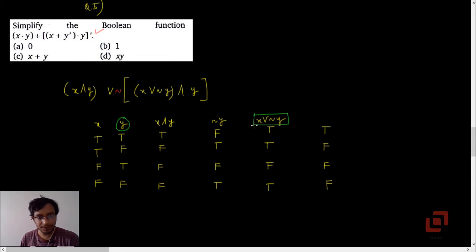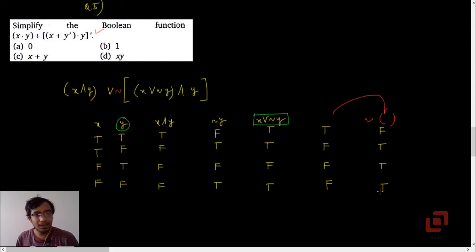For in the first row both are true, in the second row y is false, in the third row x or negation y is false, and in the fourth row y is false. Now let us take the negation of this particular proposition. All we will be required to do is to change the truth values, basically F, T, T, T.